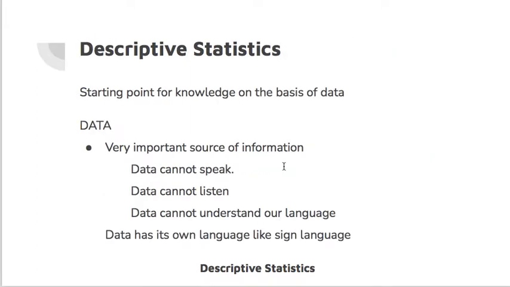Then what is descriptive statistics? This is the essential point, the starting point for knowledge discovery on the basis of data. Data is a very important source of information. So what if you see raw data? Many will wonder why we repeatedly say data is a very important source of information.